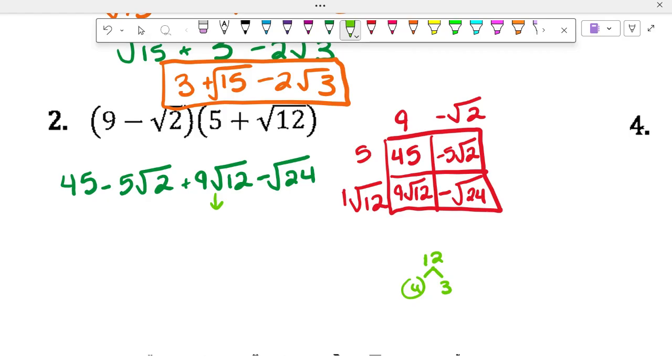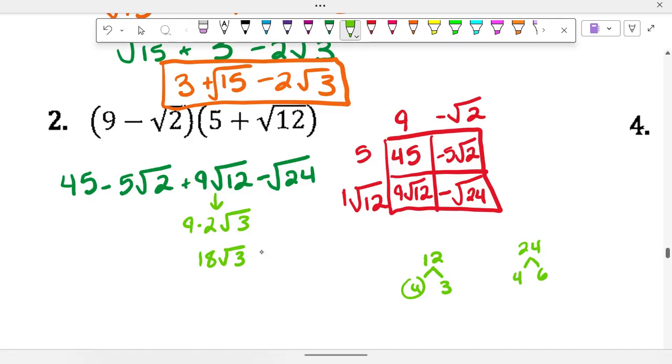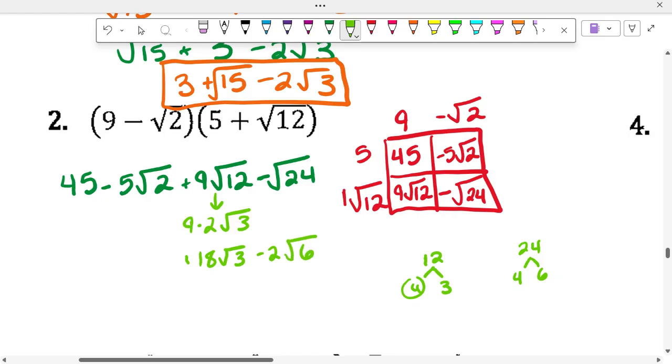So this breaks down to 9 times 2 square root 3. So this would be 18 square root 3. What about 24? 6 and 4. So pull the 2 out. This would be negative 2 square root 6.